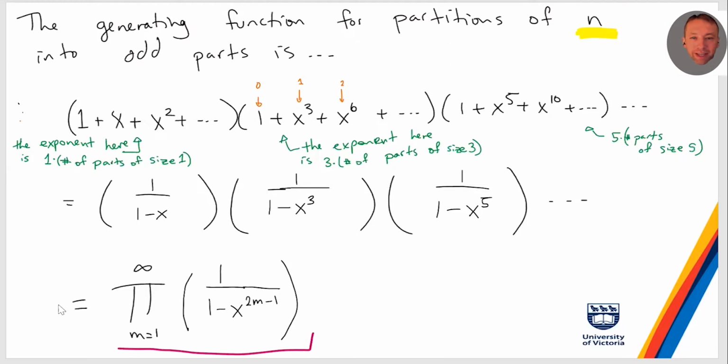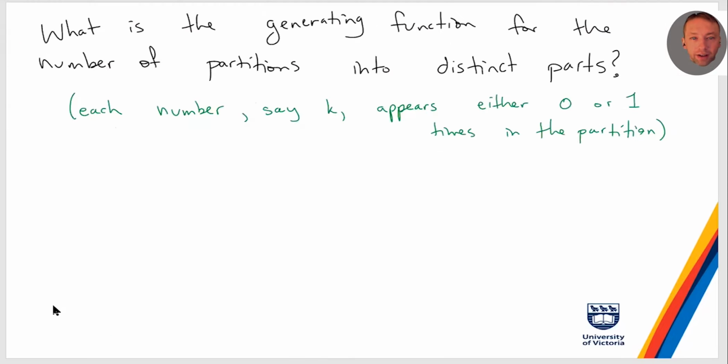Now let's write down the other generating function that we're interested in, which is the number of partitions into distinct parts. Now, this is a little bit different. It's maybe a little bit less obvious how to do this. So if you think about it, every partition into distinct parts has either, if I look at how many ones it has, it either has 0 ones in the partition, or it has 1 one.